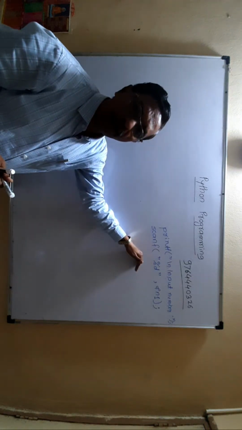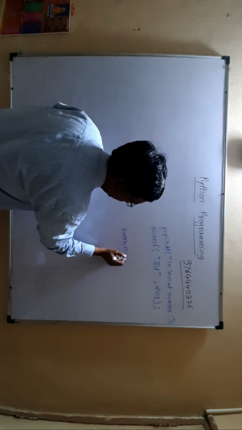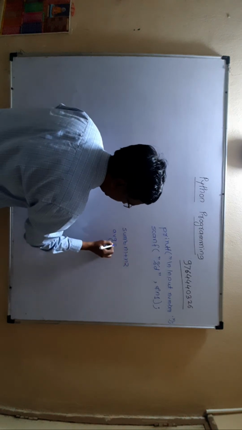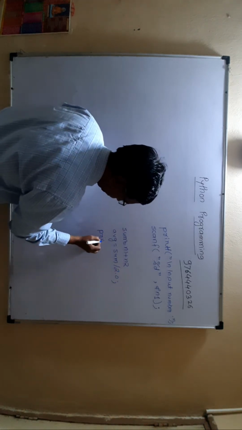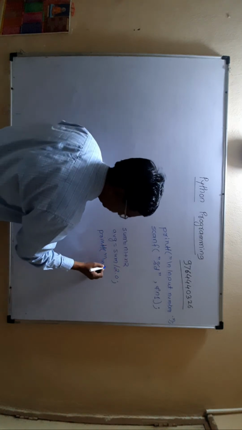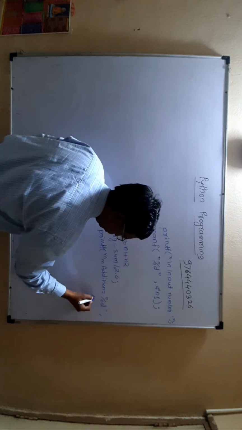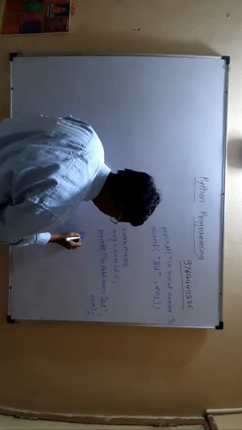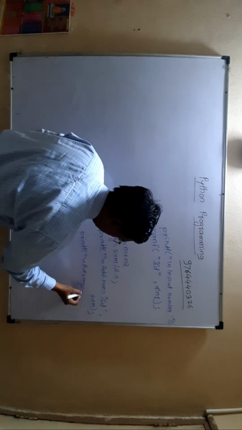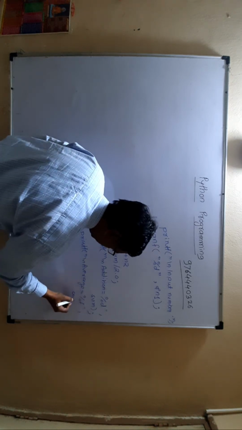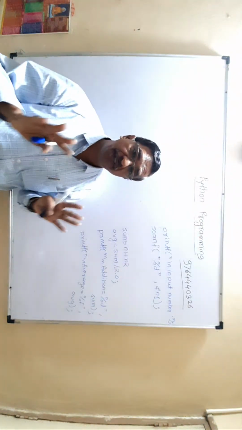Similarly, we can read value for n2, then we can calculate sum as n1 plus n2, then we can calculate average as sum divided by 2.0, and then we can print sum as addition equal to %d sum, and printf \n average is equal to %f avg.